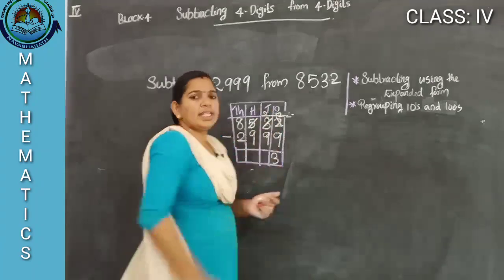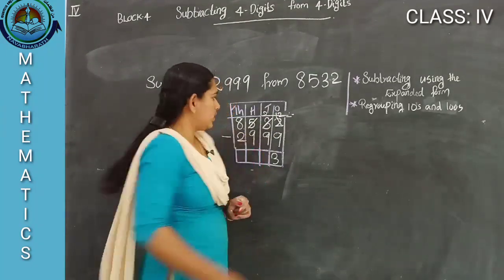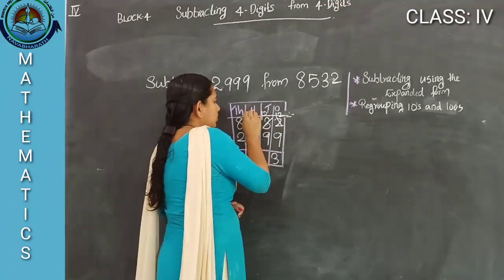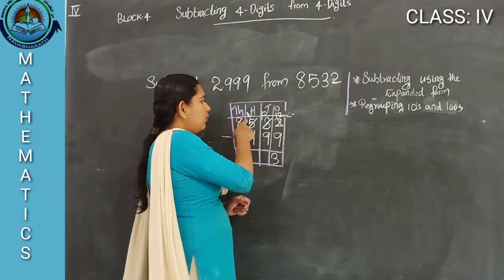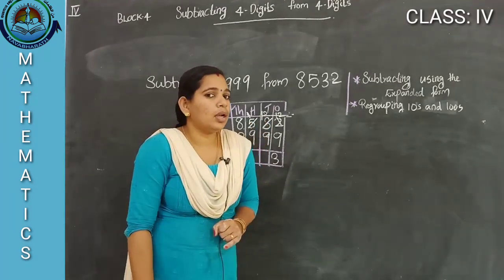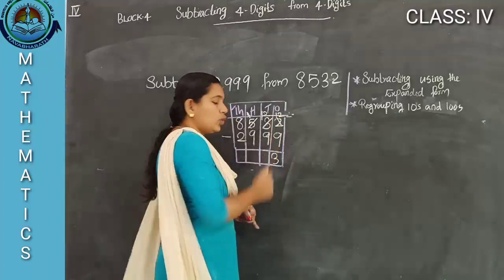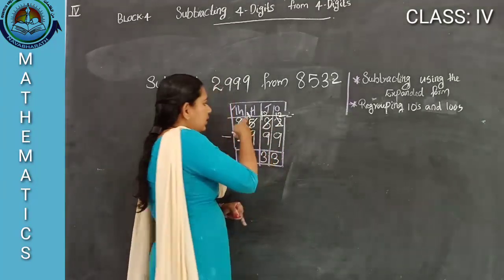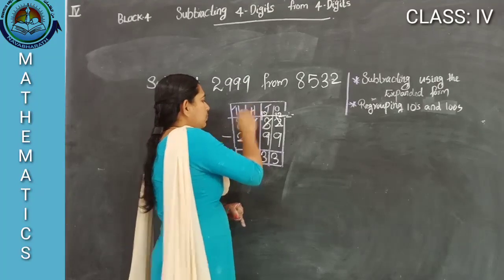Here in the tens place we write 12 only. This 5 becomes 4. 12 minus 9 is 3. Good. Then 4.